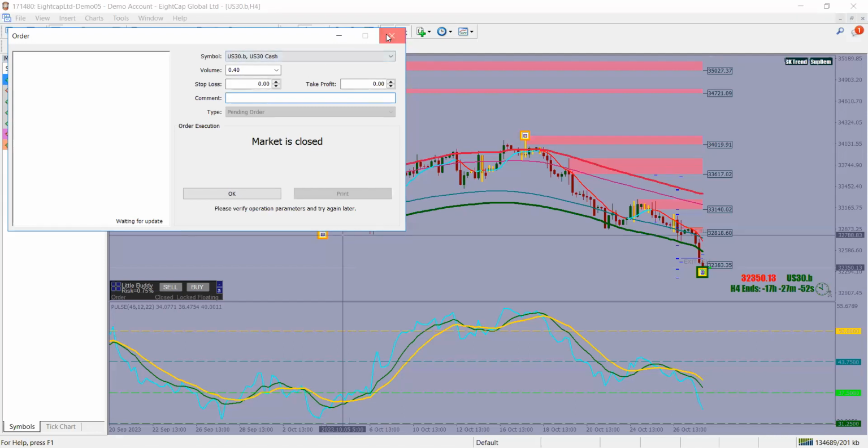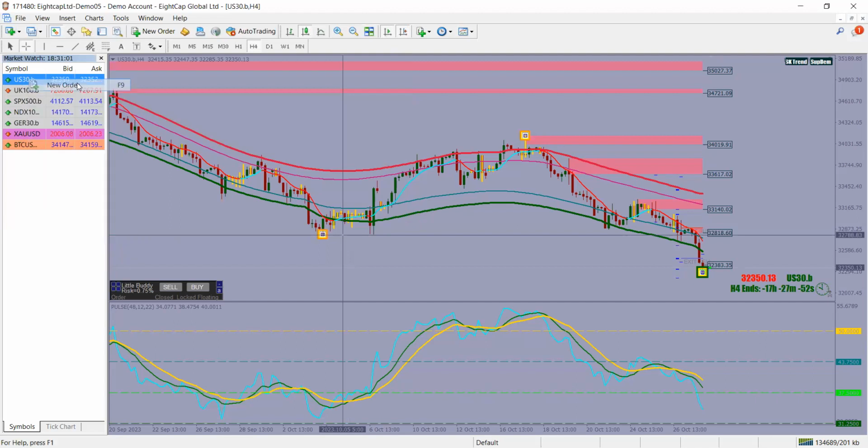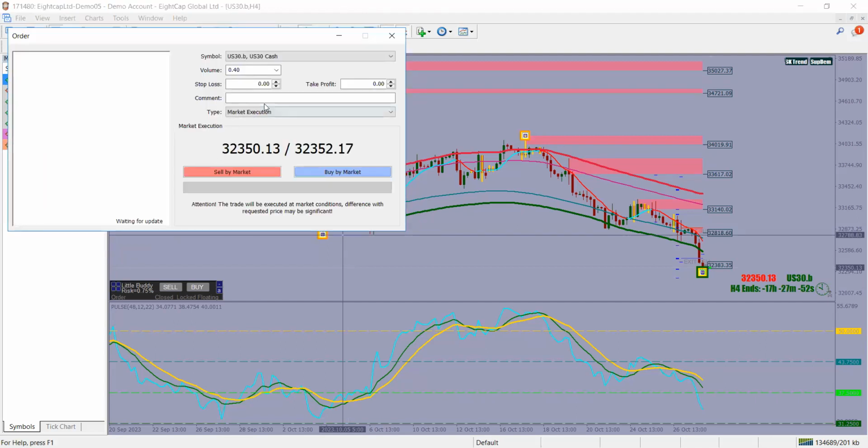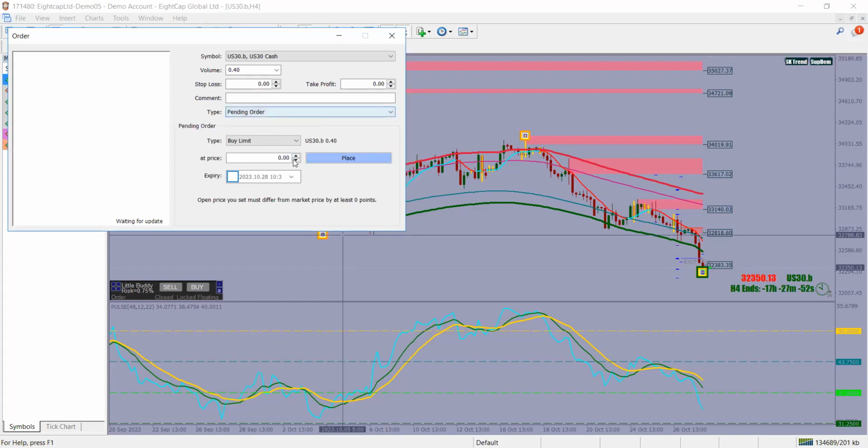And I'm going to go back to a new order, then pending orders, and it's the same thing. Sell limit, it'll change here to red for the sell. Same thing, you would put your price. For a sell limit, you're looking to sell and you're placing your sell limits above price.